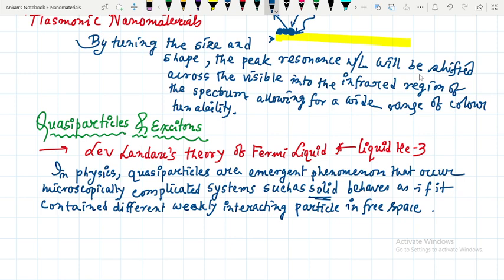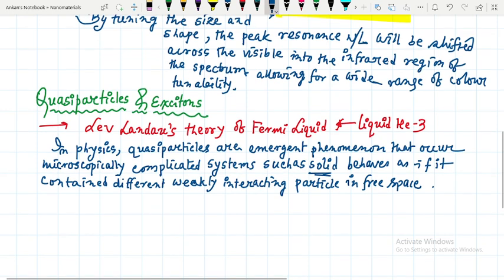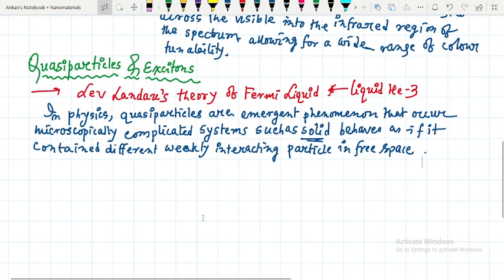If I give you some example, then you will understand what I want to tell you. When a real particle falls under weak interaction inside a complicated system like a solid, it behaves differently.